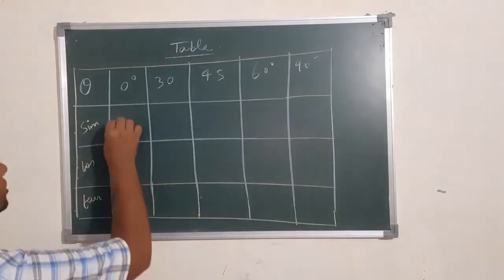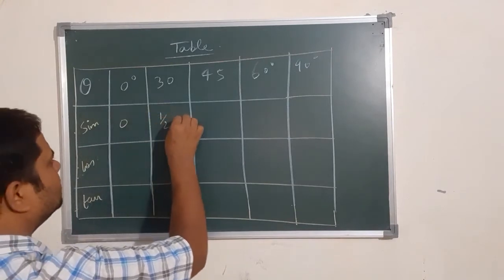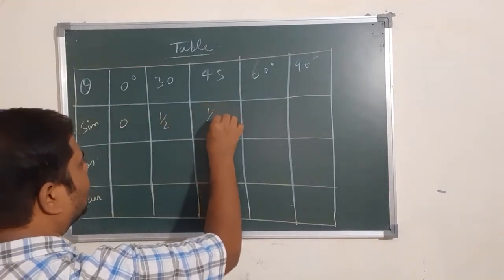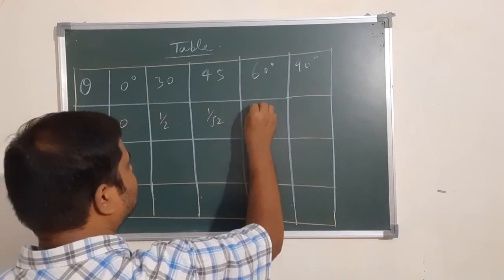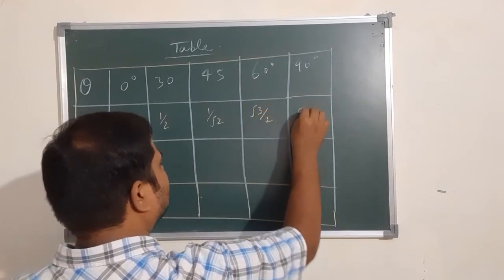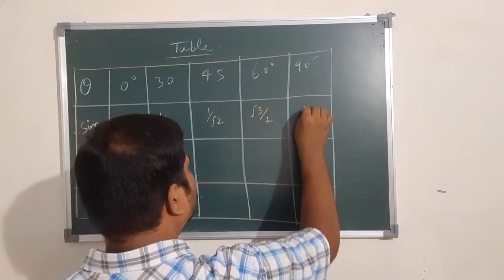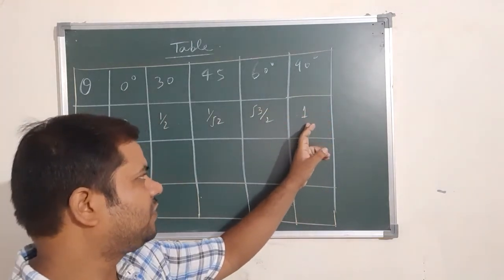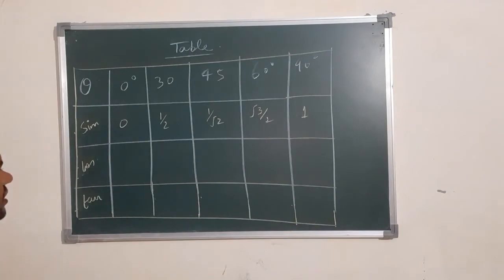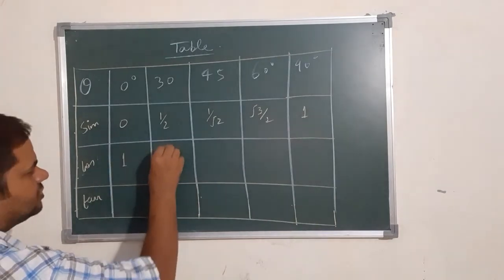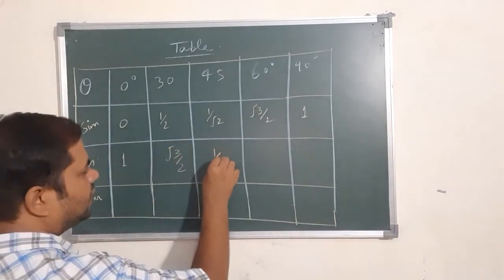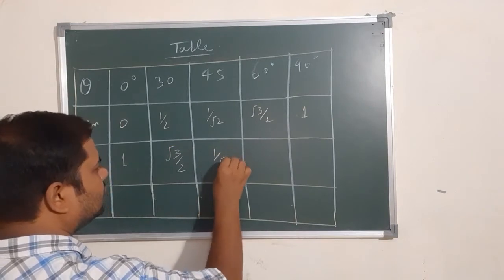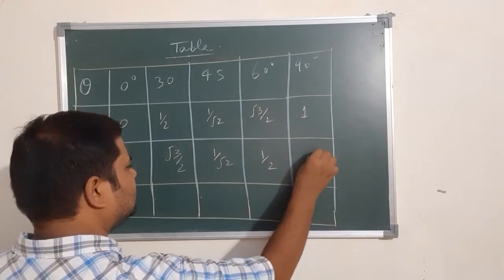First of all, sine 0 is 0, sine 30 is 1 by 2, sine 45 is 1 by root 2, sine 60 is root 3 by 2, and sine 90 is 1. And next, for cos you have to write in reverse direction. So this is 1, this is root 3 by 2, this is 1 by root 2, this is 1 by 2, and this is 0.